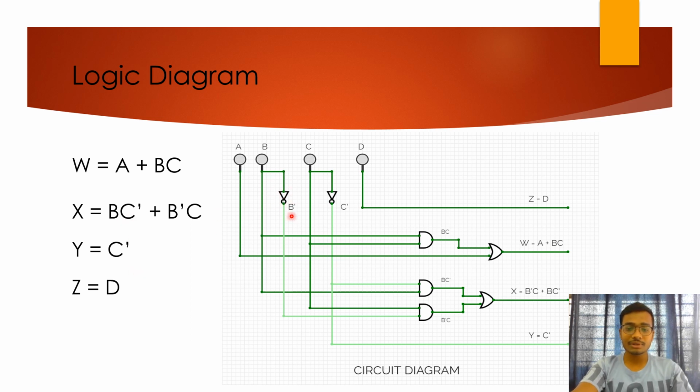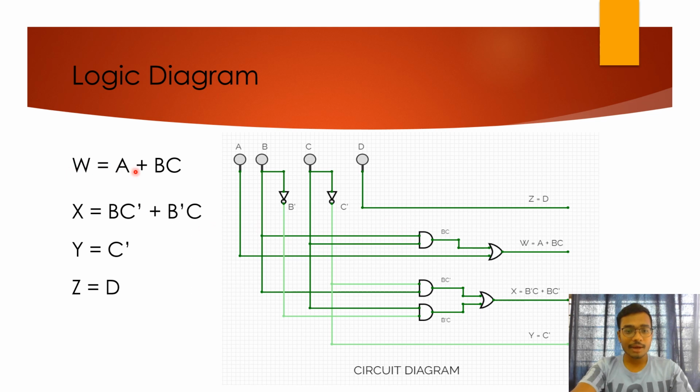To represent B bar, I'm having a NOT gate to which I'm taking the input from B, so the output is B bar, and one more NOT gate having the input as C and the output as C bar, and I'm having the other 2 inputs, that is A and D.